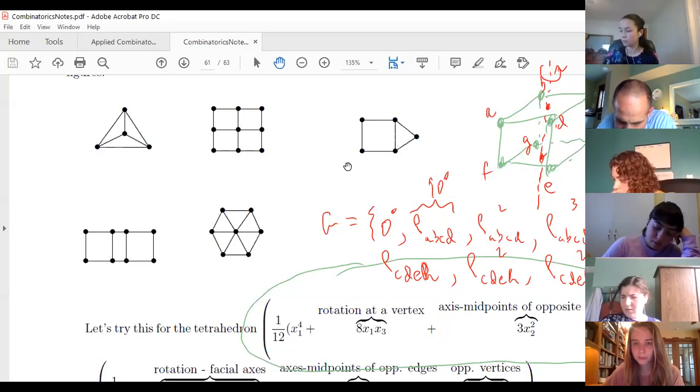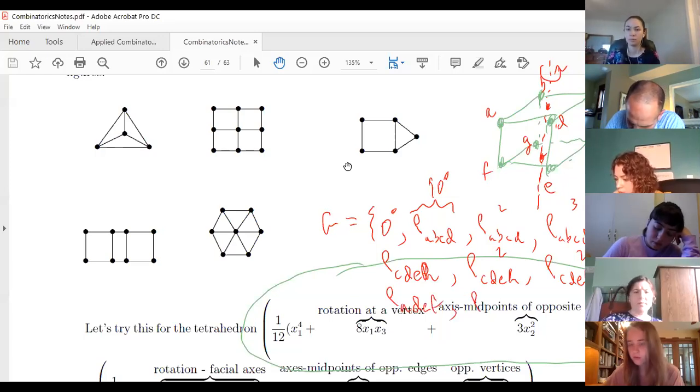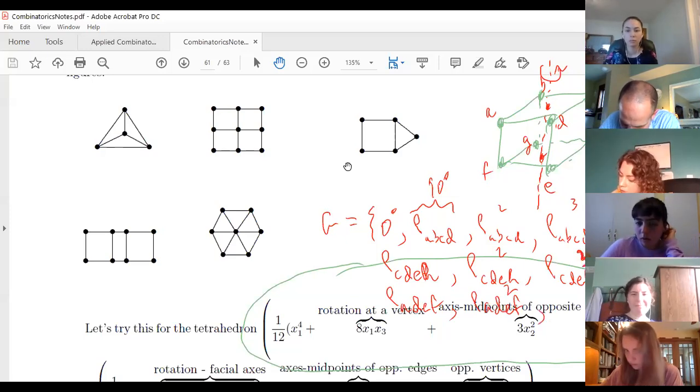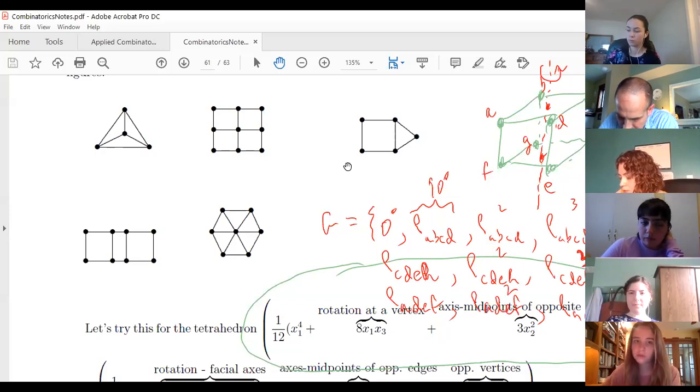Maybe A, D, E, F. Row A, D, E, F squared. Oops, that should be cubed for the last one. And then row A, D, E, F cubed.